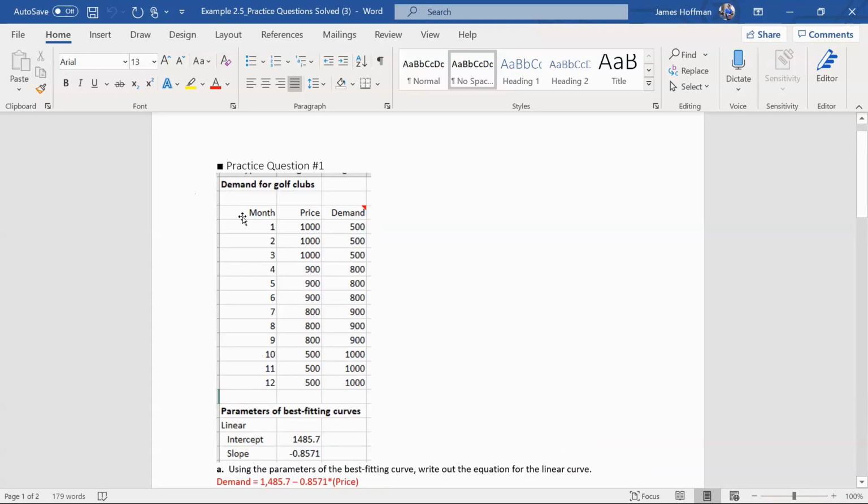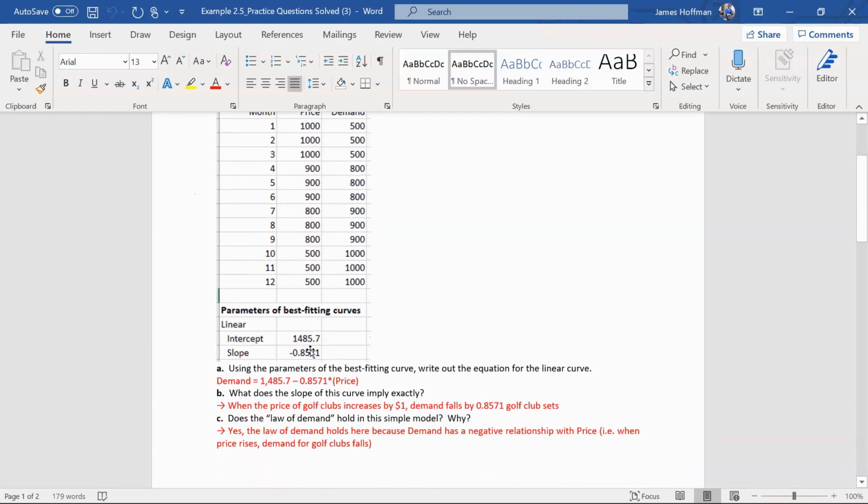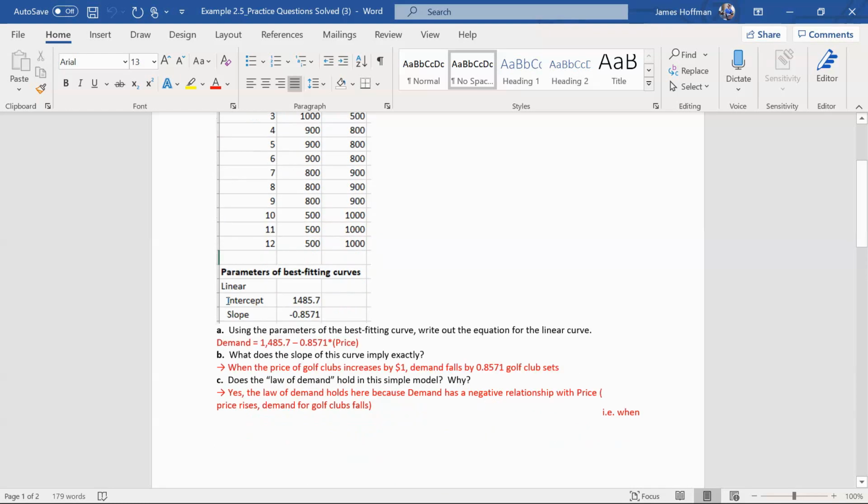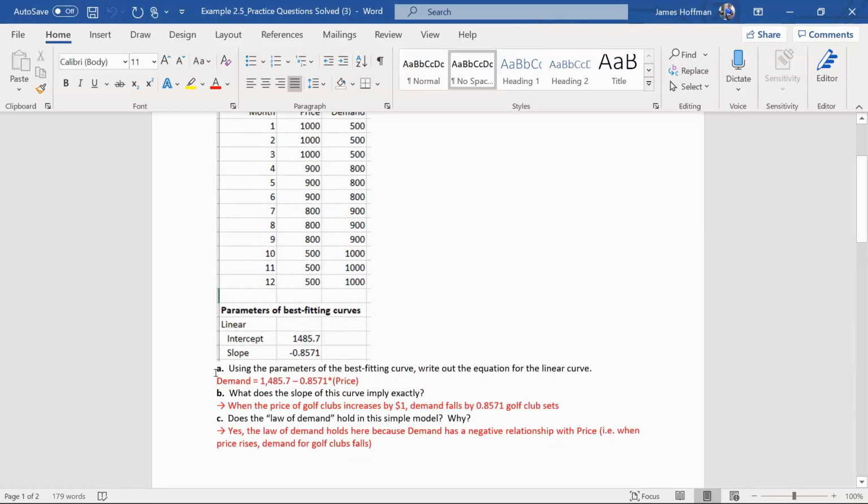This is a question from a similar model. I just changed the numbers. Here's the demand for golf clubs for different months, and here are the parameters from the best fitting linear curve. You can answer some questions just to make sure you understand that.